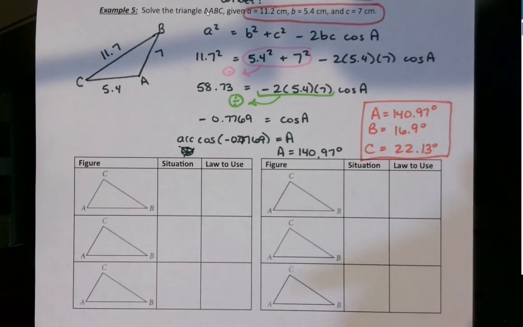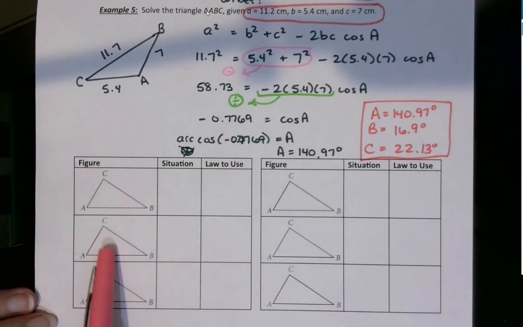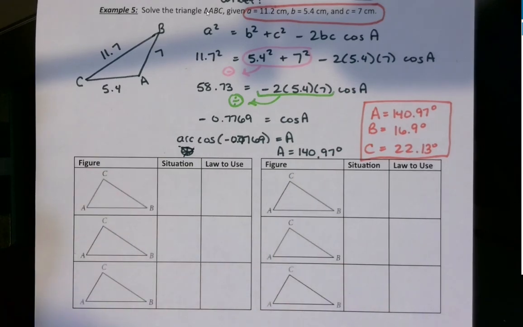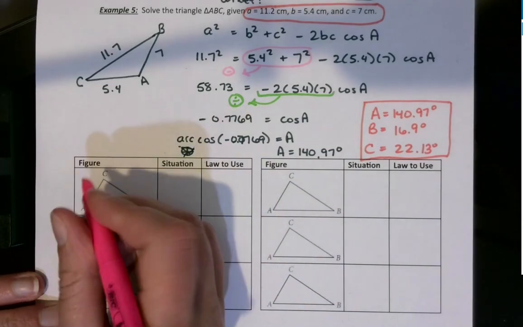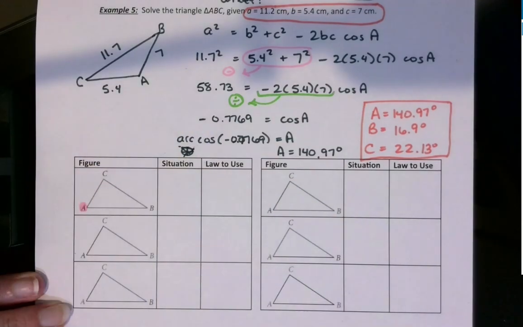In conclusion, down here on the bottom of the page, we've got a couple triangles. We want to illustrate the situations and then what law would be needed to solve these. The first case that we looked at was when I knew 2 angles and a side.